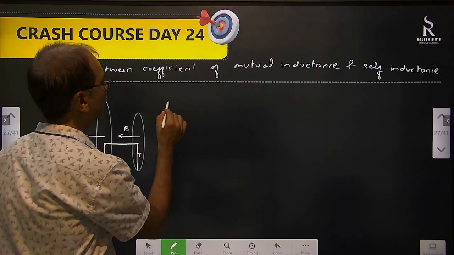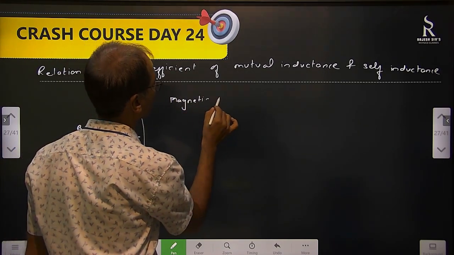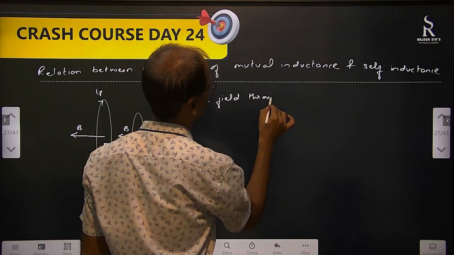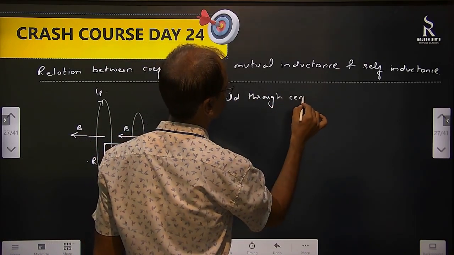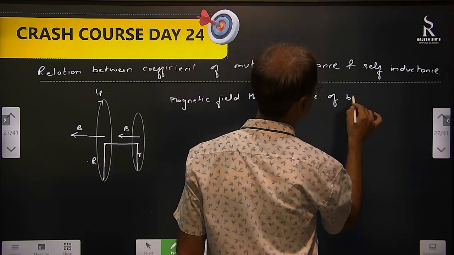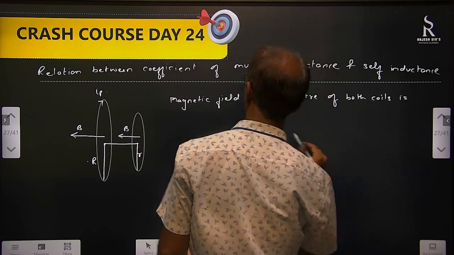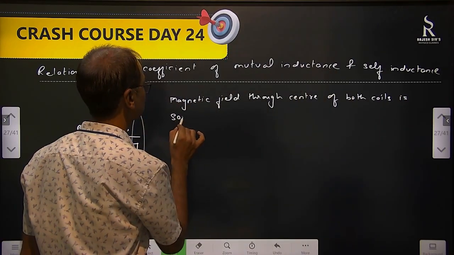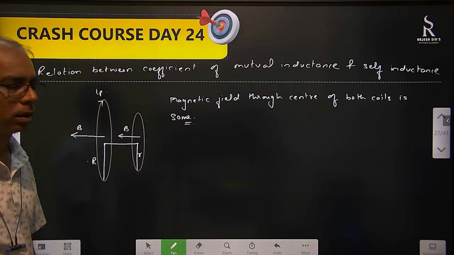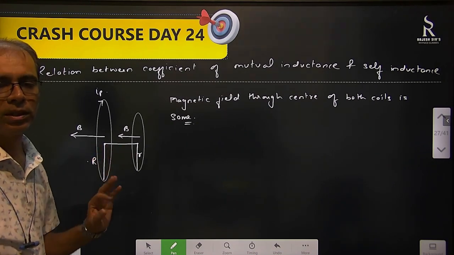The magnetic field through the center of both coils is the same. Correct. So we know how to find the coefficient of mutual inductance between these two.